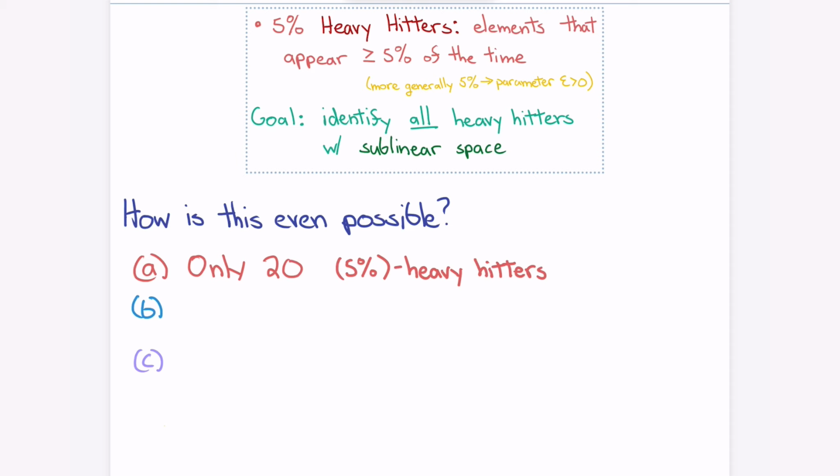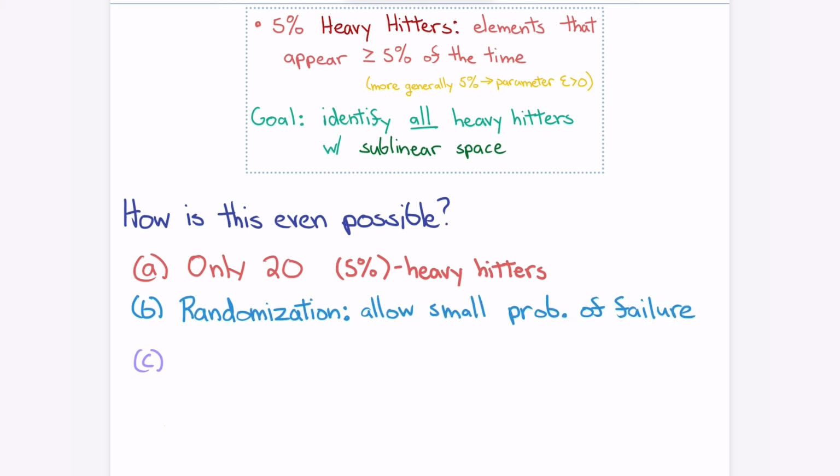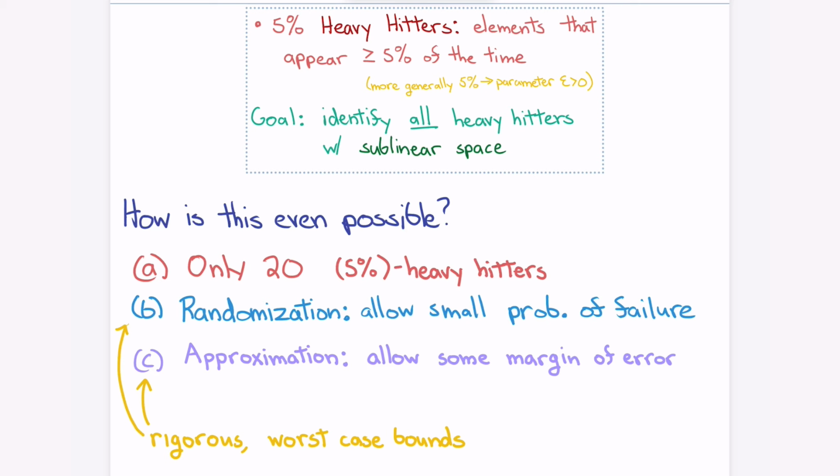Another one is we're going to relax the problem in two directions. One is we're going to use randomization, which you might have expected, but that means there's going to be a small chance of failure. It doesn't have to be perfect all the time. The other one is we're going to approximate, and I'll define that either in the moment or next time.